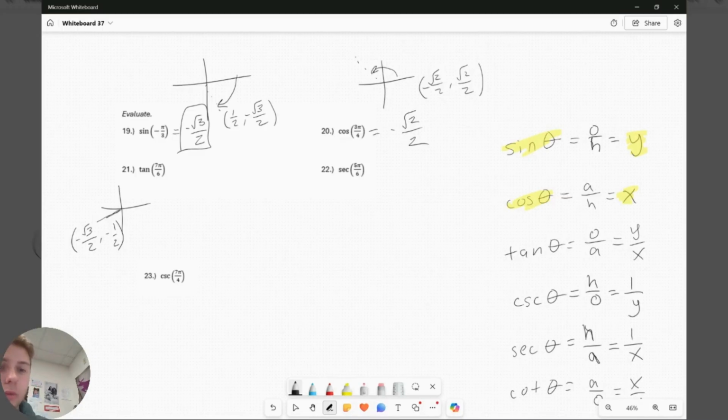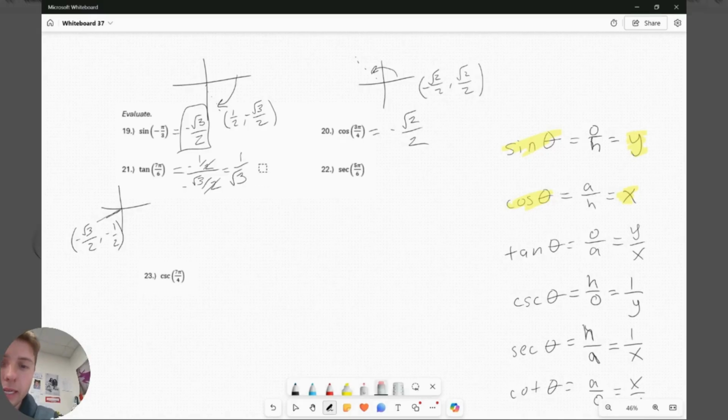Tangent we know is y over x though, so I can take negative 1/2, divide it by negative root 3 over 2. Once I have that fraction, you can copy dot flip if you need to change it to multiplication. But if you have a fraction over a fraction and the denominators are the same, those immediately cancel. So I really have negative 1 over negative root 3, which is just 1 over root 3.